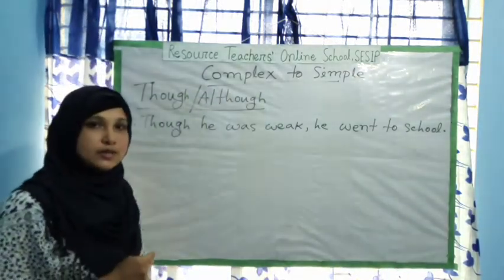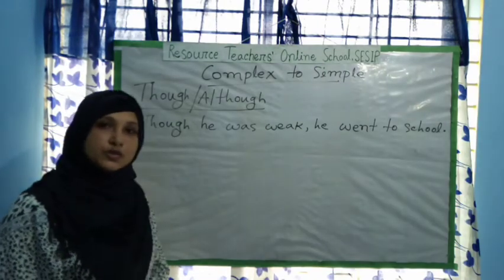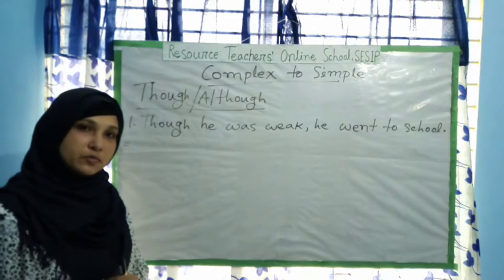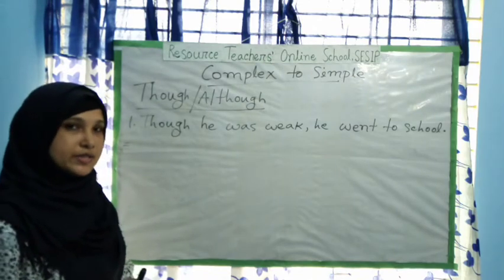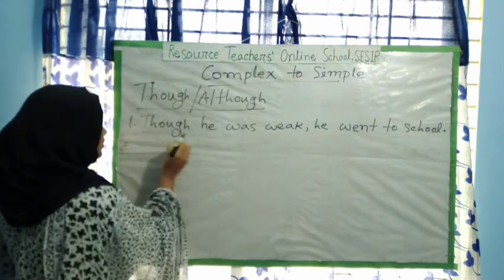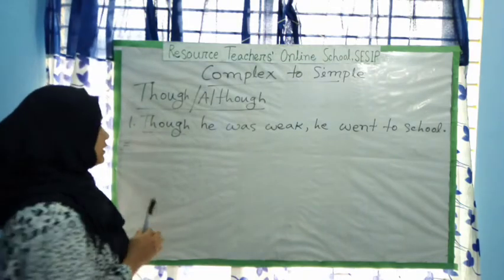Notice, my students, there is a sentence, though he was weak, he went to school. It's a complex sentence. We will transform it to simple sentence. Though or although. Sometimes there will be though or although.